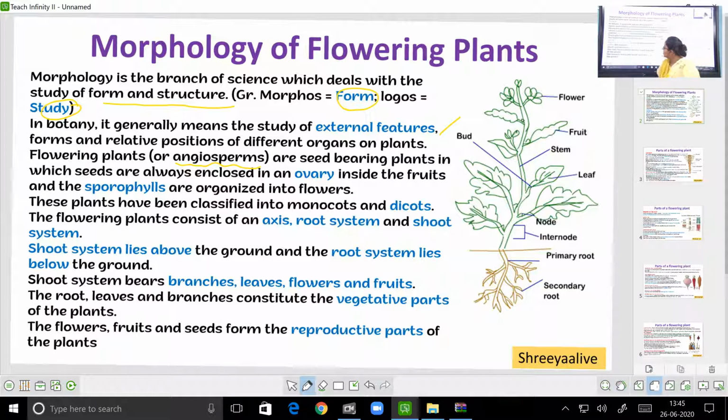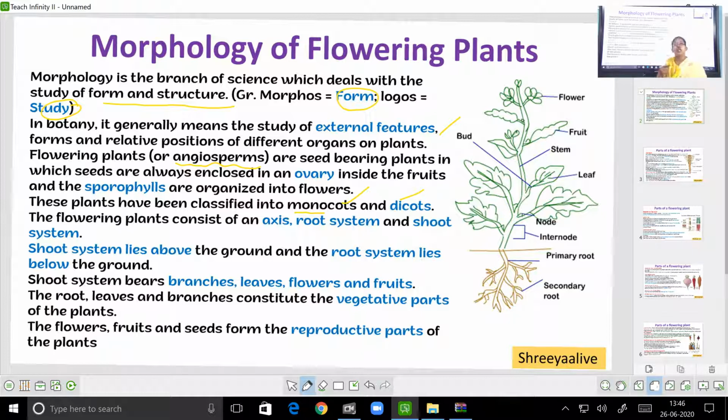These angiosperms are classified into two types: monocots and dicots. I repeat once again, angiosperms are classified into two different types depending upon the presence of cotyledons. Monocots means the plants which have only one cotyledon.